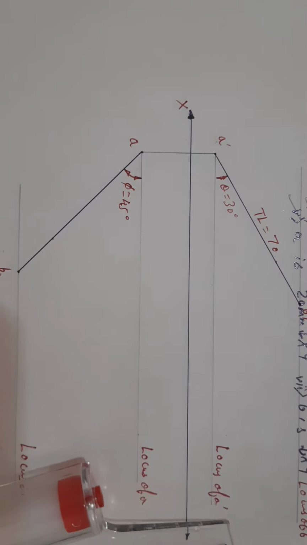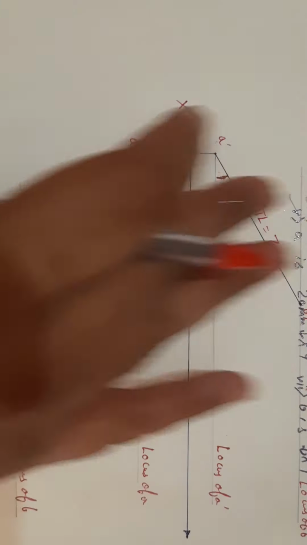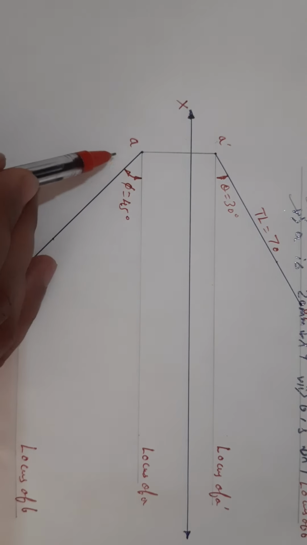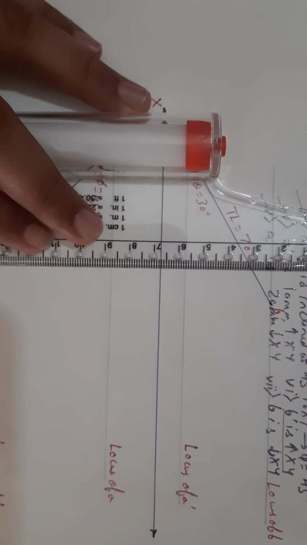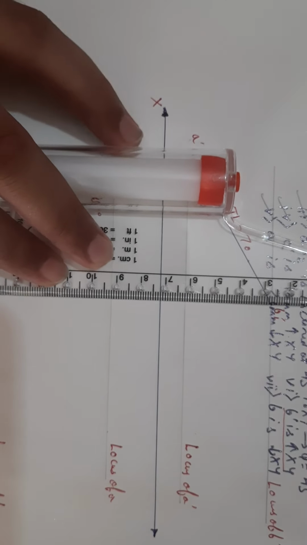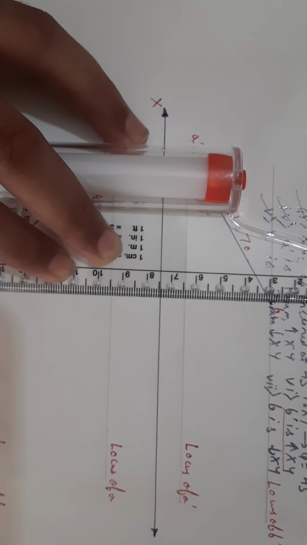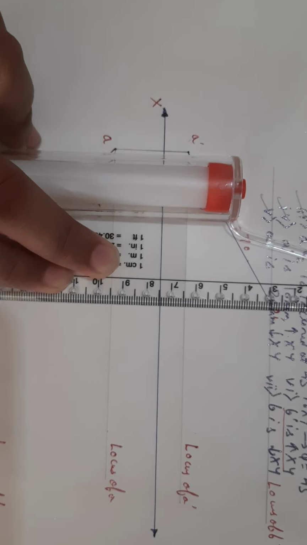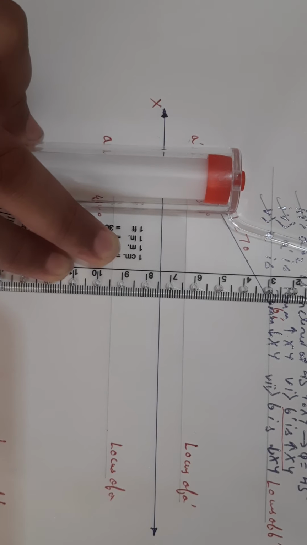If you need to see the actual top view length, from the top you will just pass a source of light, so A dash gets projected on A, and B1 dash point, see this is the B1 dash point, it will be straight away projected on the locus of A. B1 dash projected straight away on the locus of A, and that will be parallel to the A dash A projection line, or it will be perpendicular to the XY line.